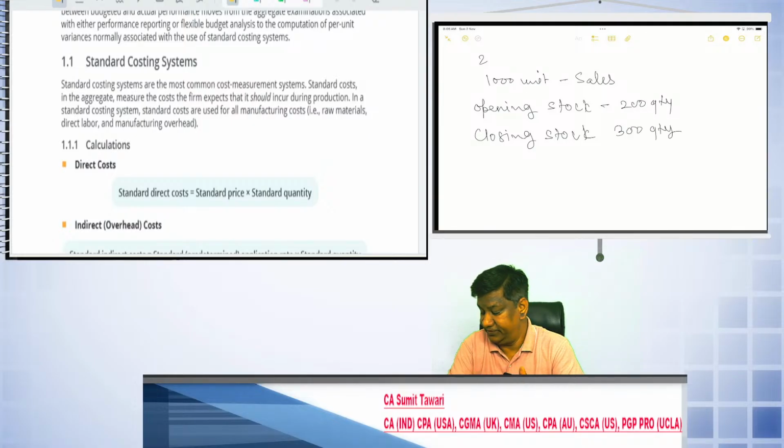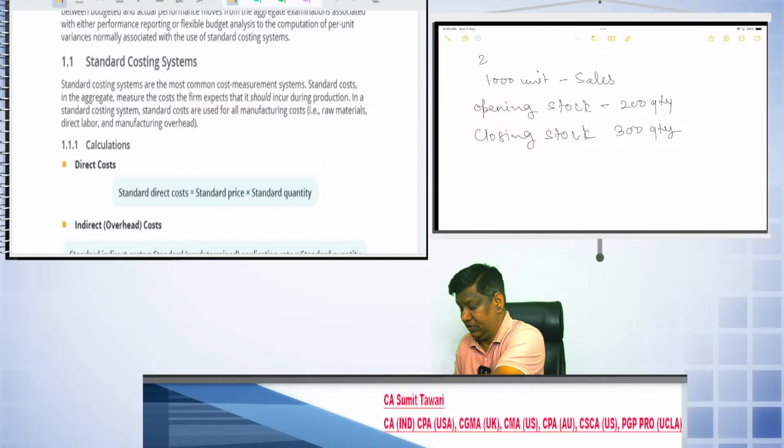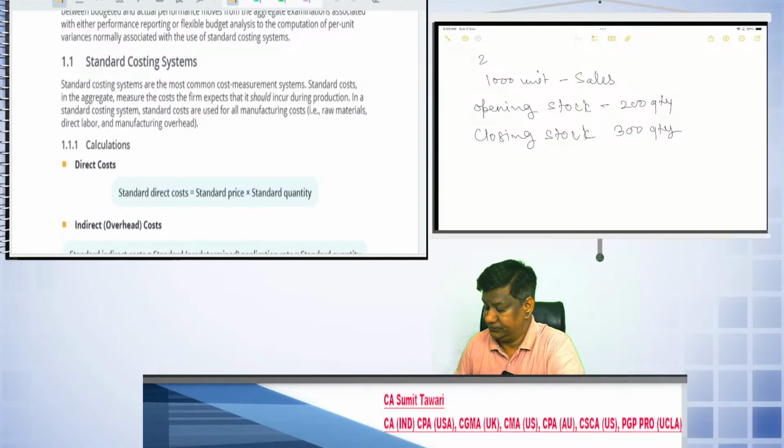Can anyone tell? Anyone can guess? If you recollect, 1100. Yes, correct, 1100 we need to produce.